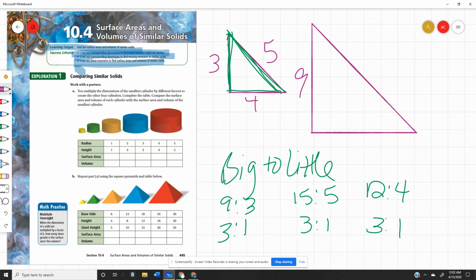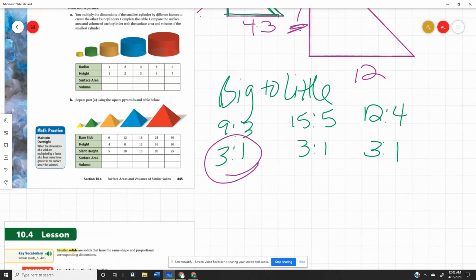Well, because they're similar, I can use this 9 to 3, which gives me that 3 to 1 ratio. For every 3 here, I have 1 here. That means I'm going to multiply each of these by 3 to find their missing dimensions. I'm reviewing this because you should know this as 8th graders, but that's how we use similarity to find missing dimensions in similar objects, okay?